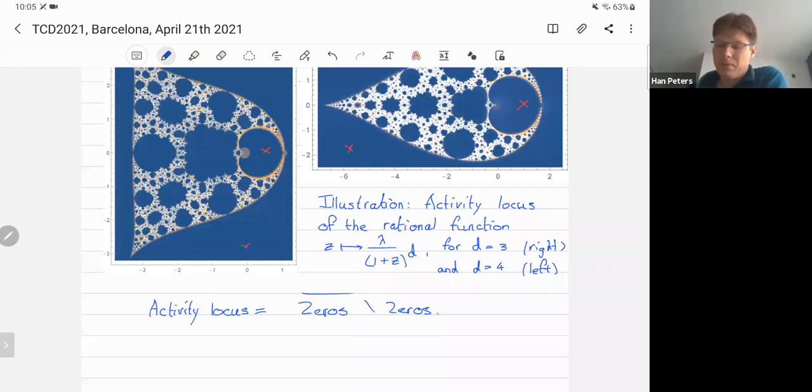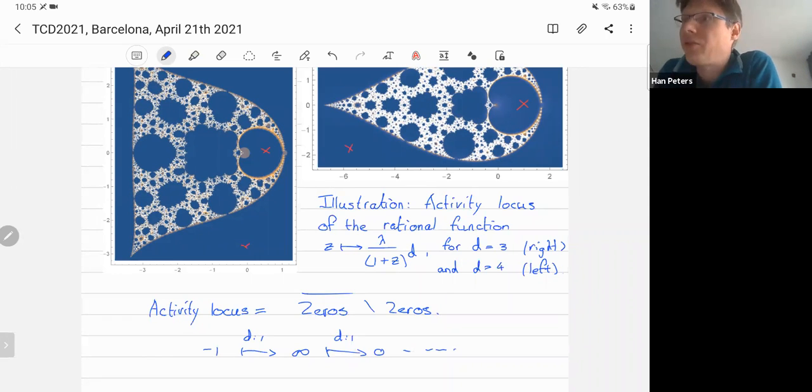So notice that there's only one critical orbit here. Minus 1 is mapped d to 1 to infinity. Infinity is mapped d to 1 to 0, and well, etc. We have counted all the critical points, so the only critical points are -1 and infinity. And if 0 is mapped after a while to 0, then we have a super attracting fixed point.